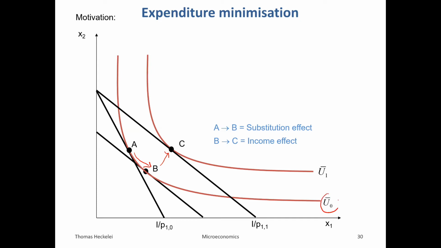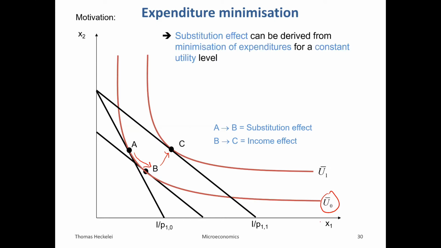So let's say we fix it at the level U2 bar. The bar above the U indicates that it's fixed as a constant. Now, that's why we need expenditure minimization.